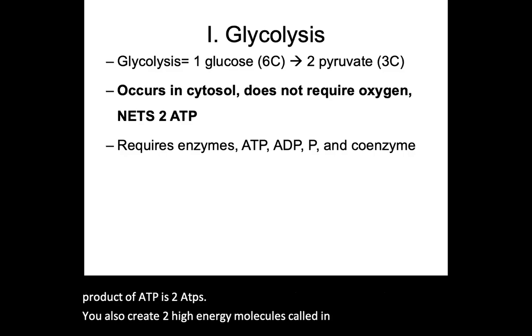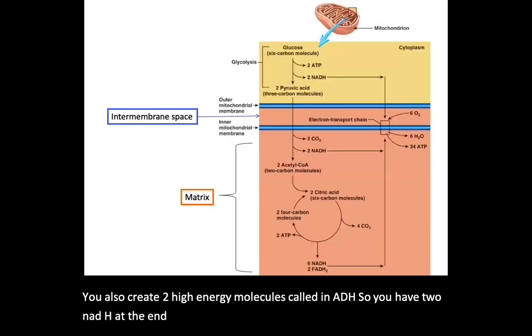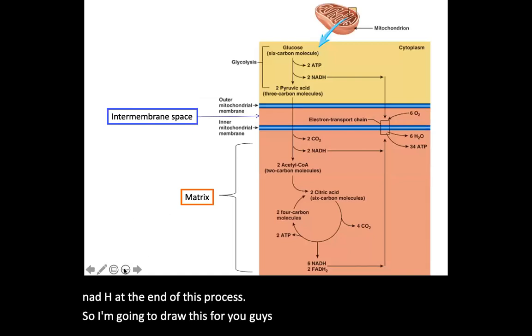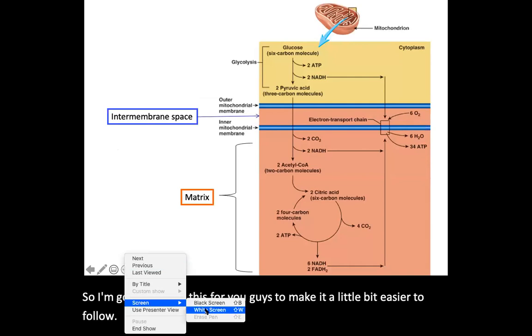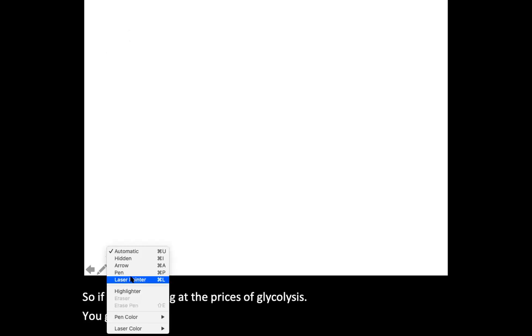So you have 2 NADH at the end of this process. I'm going to draw this for you to make it a little bit easier to follow. So if we're looking at the process of glycolysis, go back 1 second.